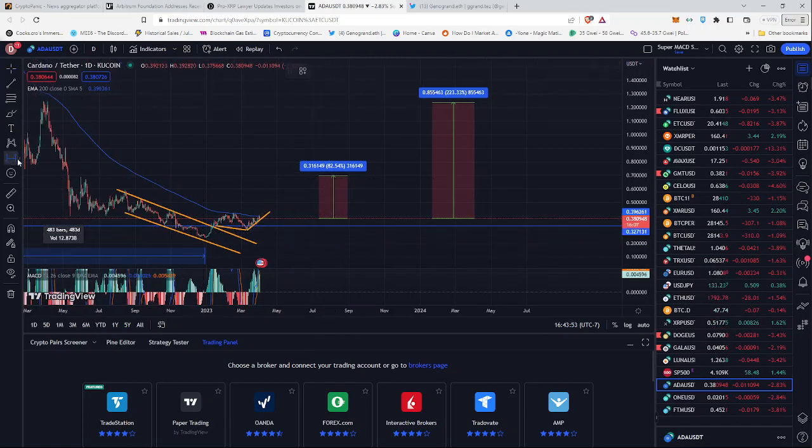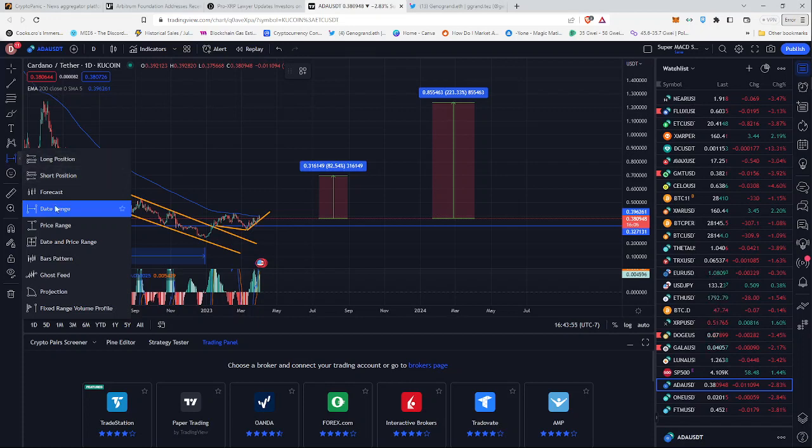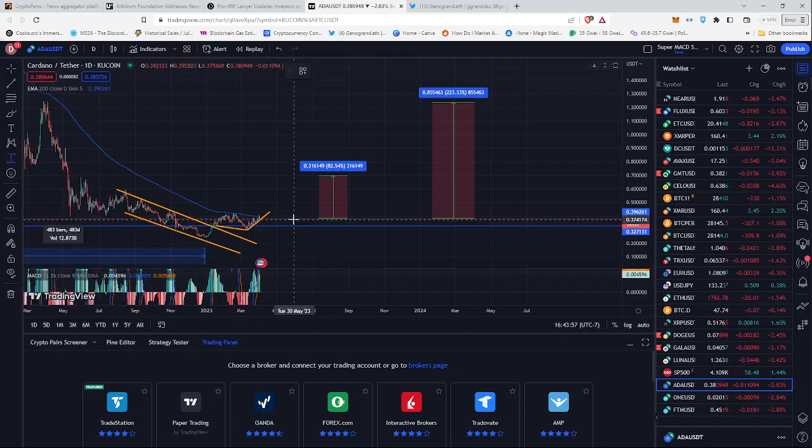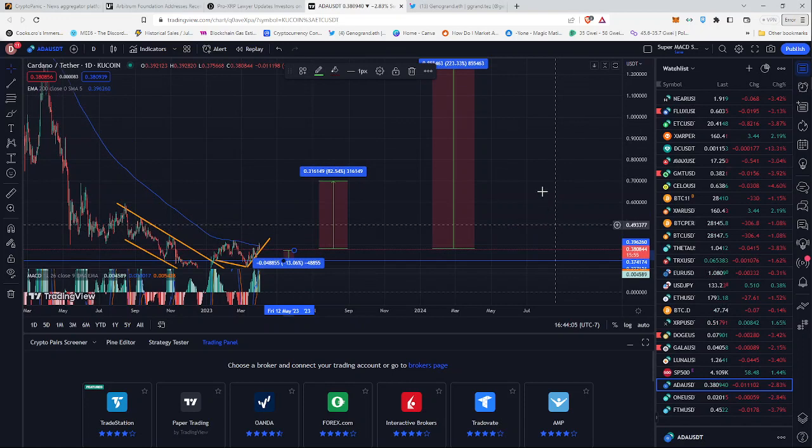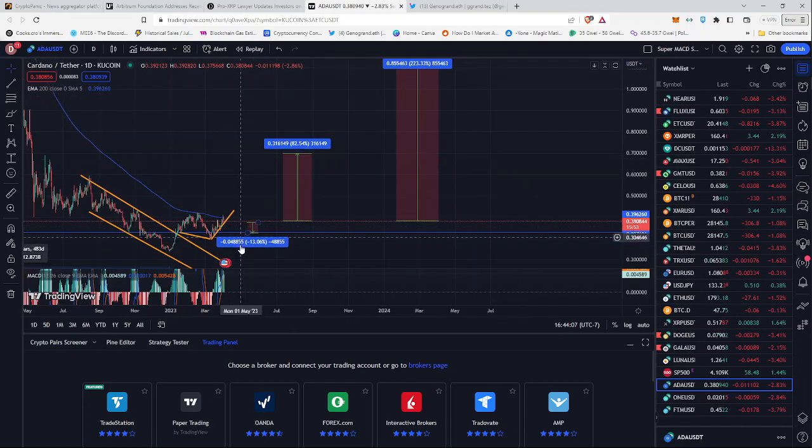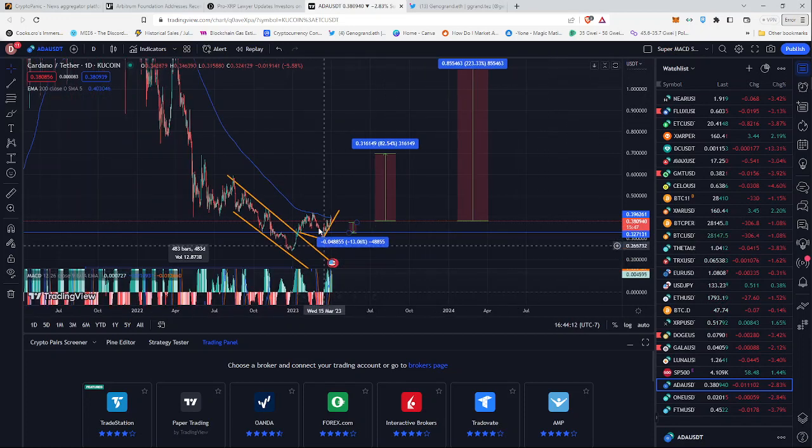If you wanted to be even more nitpicky with the price you get in, you could wait and see if we touch this support line here, which is at 32.7, but jumping in right now would not be a bad move.